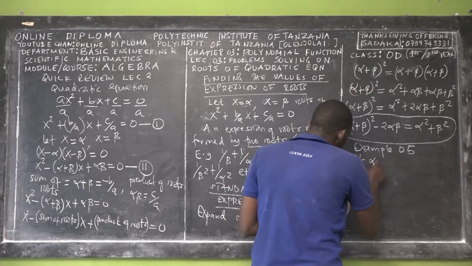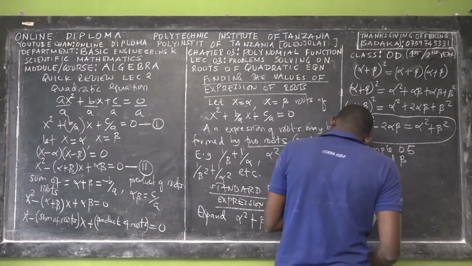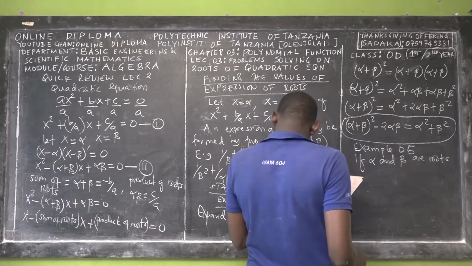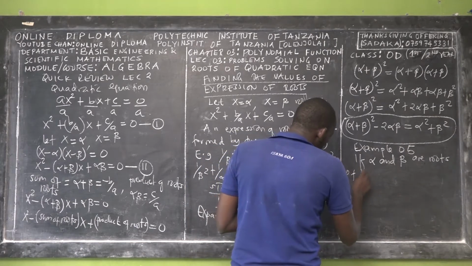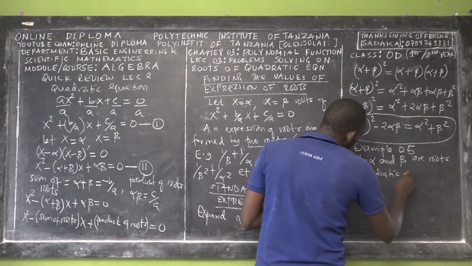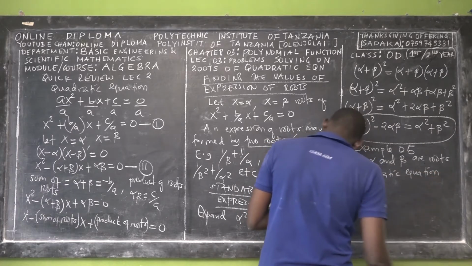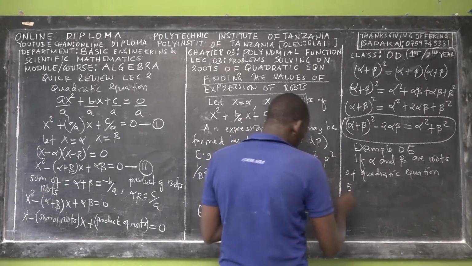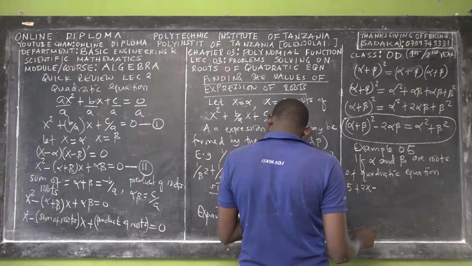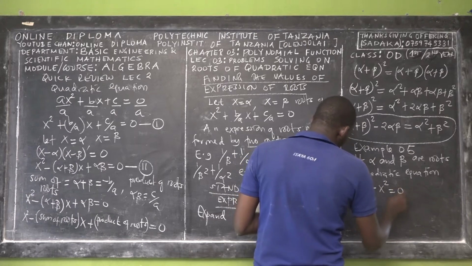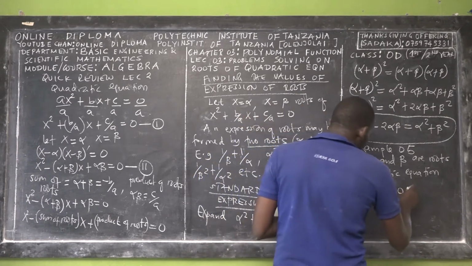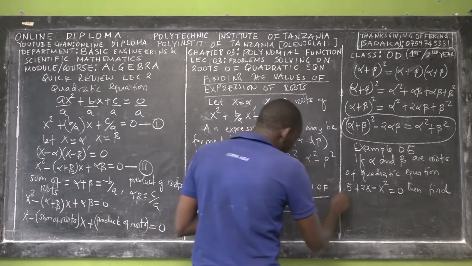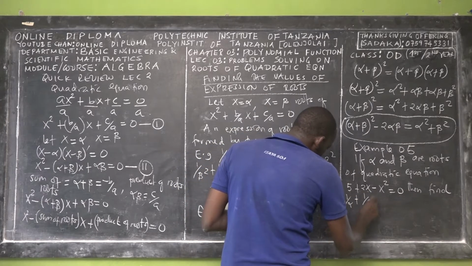The question states that if alpha and beta are roots of the quadratic equation 5 plus 2x minus x squared is equal to 0, then find 1 over alpha plus 1 over beta.